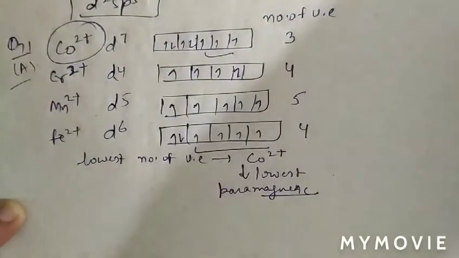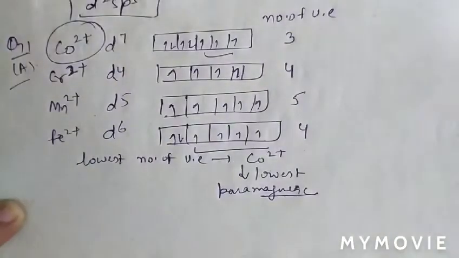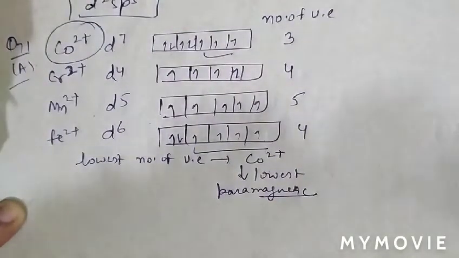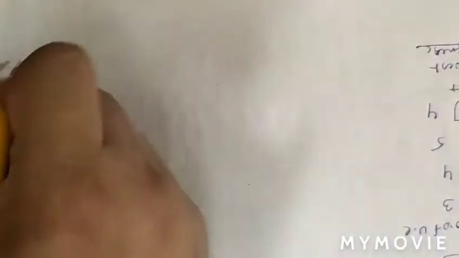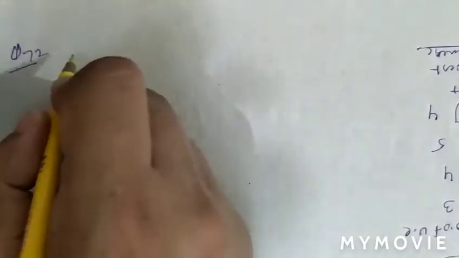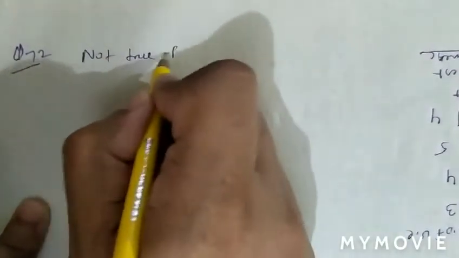See question number 72. Question number 72 is a very easy question, and it is based on the metal carbonyl.